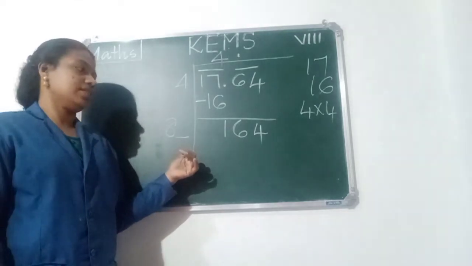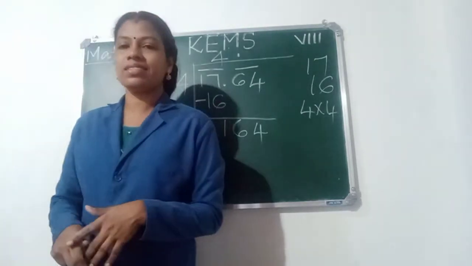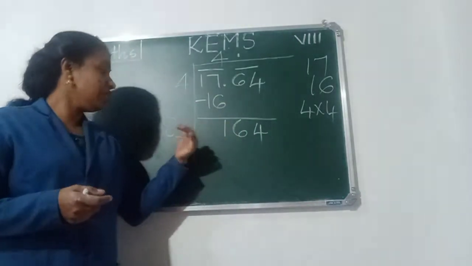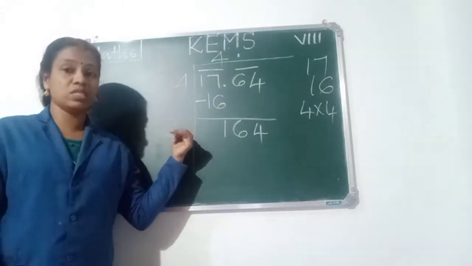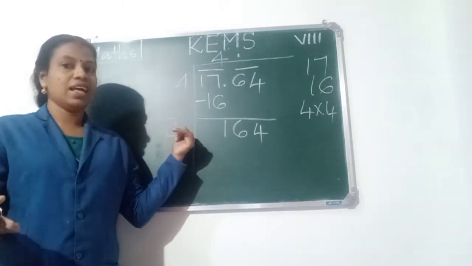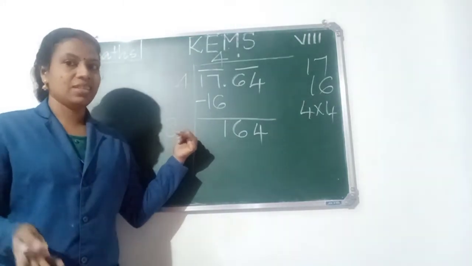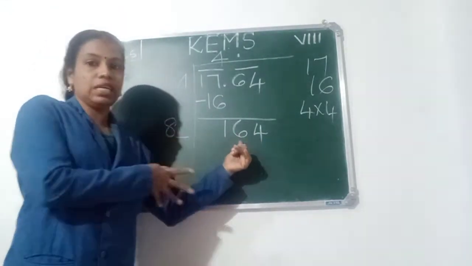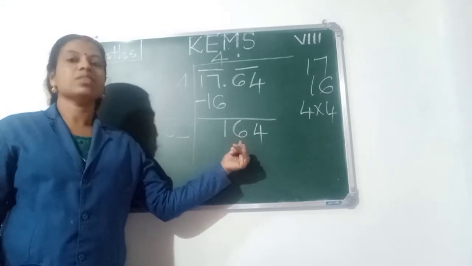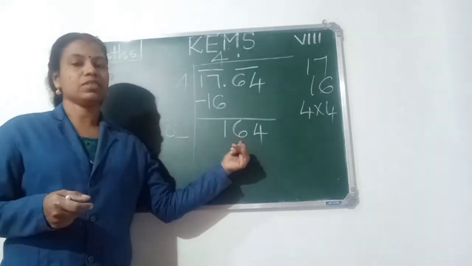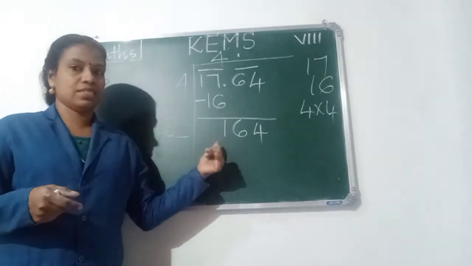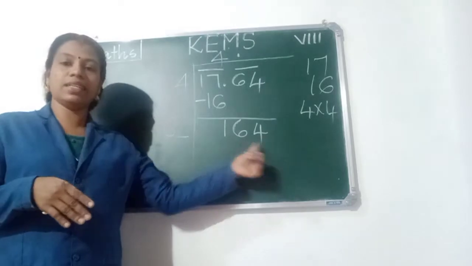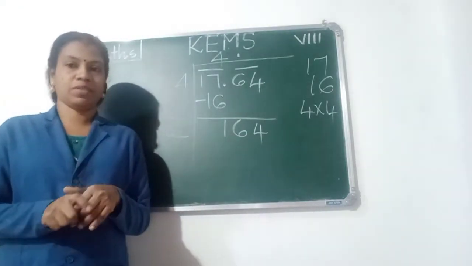Okay, yes. Then what is next? Yes, next you have to fill this blank with a possible digit, and their product should be less than or equal to the dividend. So, think of the number whose product will be equal to or less than this number, 164.